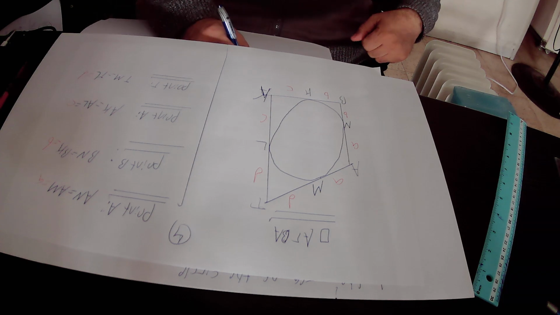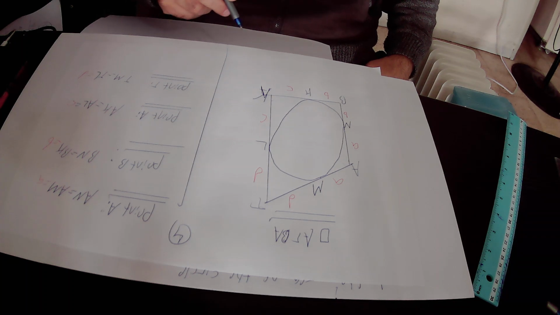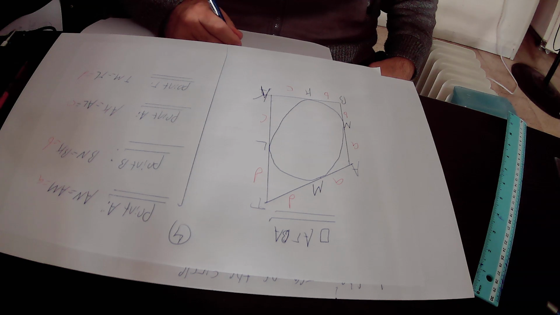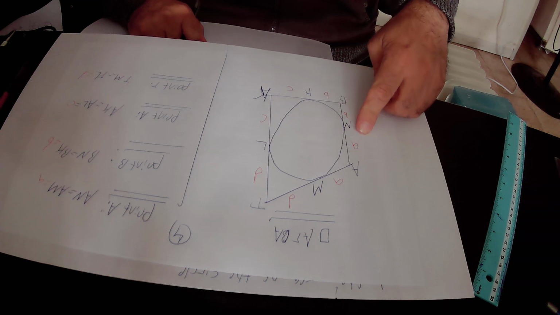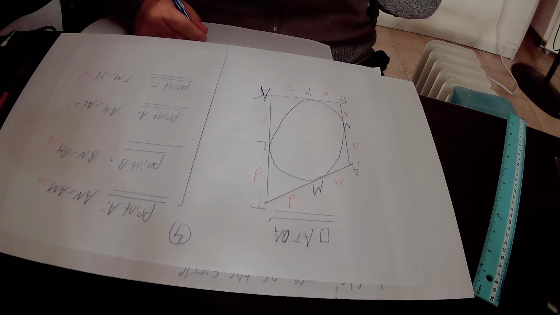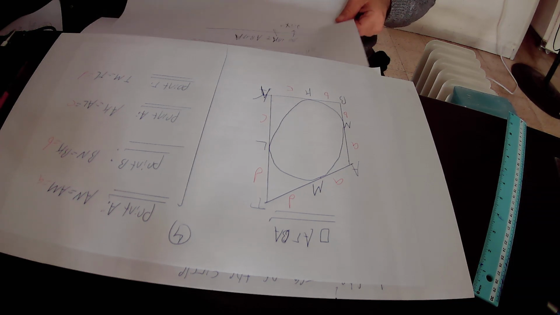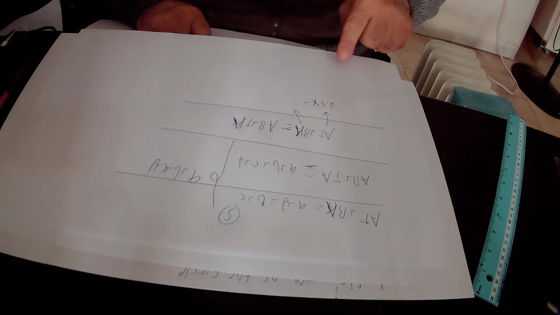AT plus BK equals A plus B plus C plus D. And here it is also AB plus TK. We actually found out that AT plus BK equals AB plus TK.